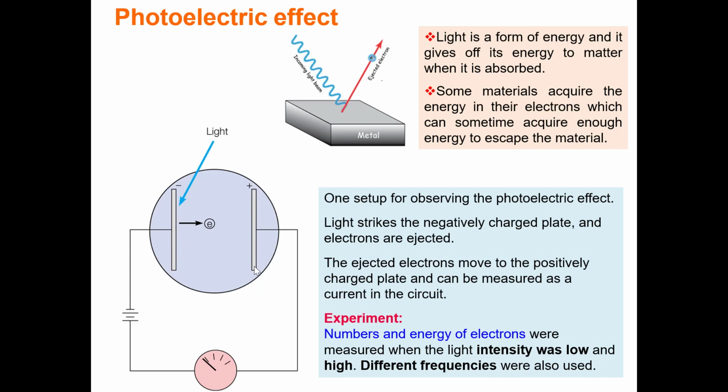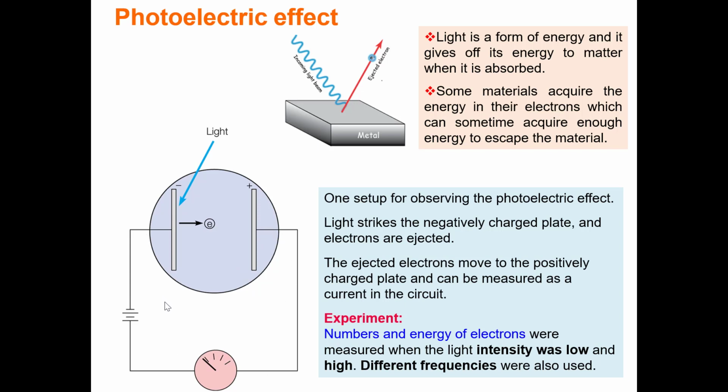Because this is a positive plate, it attracts the electrons, which have negative charge. When these electrons are attracted by the positive plate, they generate a current, and they were able to measure the current passing through this circuit.